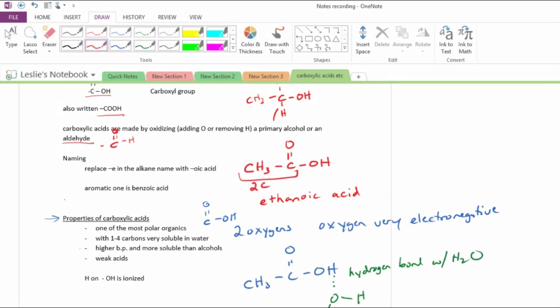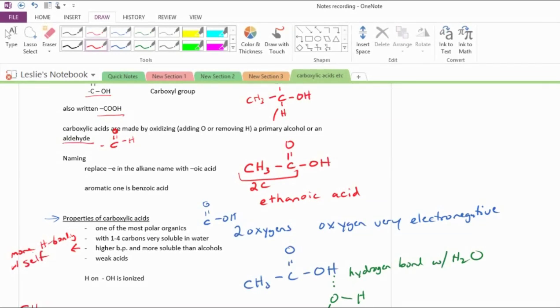They're going to have higher boiling points than alcohols because they can do more hydrogen bonding amongst themselves. They are weak acids because most acids are weak, and it's the H on the OH that's ionized.